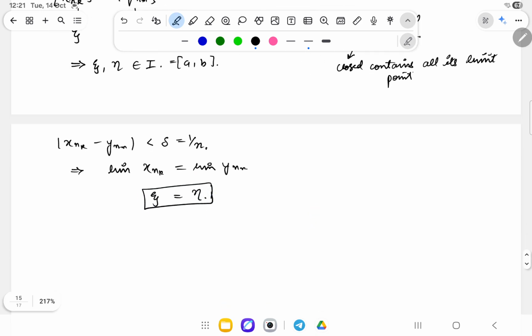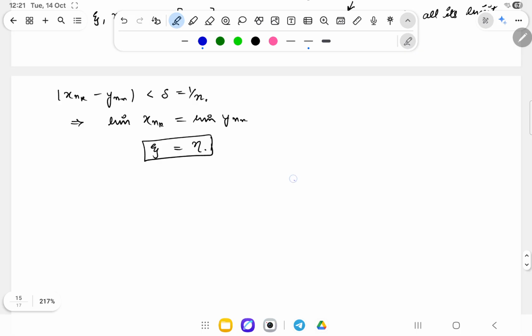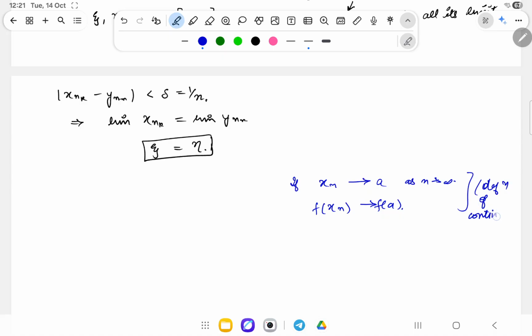Now we know that there is a similar sequential definition for continuity as well, which states that if a sequence xn approaches a as n approaches infinity, then for a continuous function, f of xn must approach f of a. This we got basically using the definition of continuity. So we have seen that our xnk approaches xi and ynm approaches eta, and those xi and eta are the same.